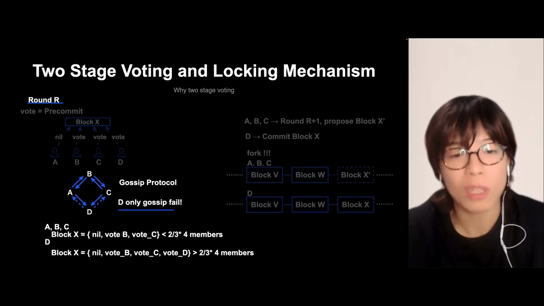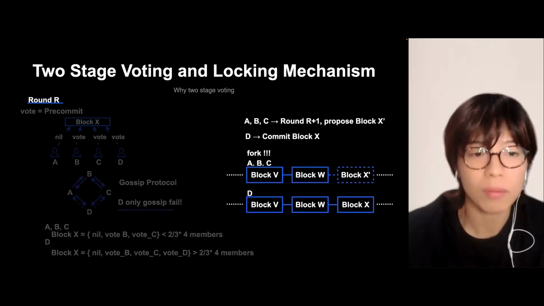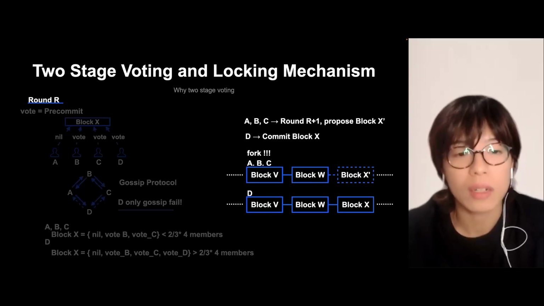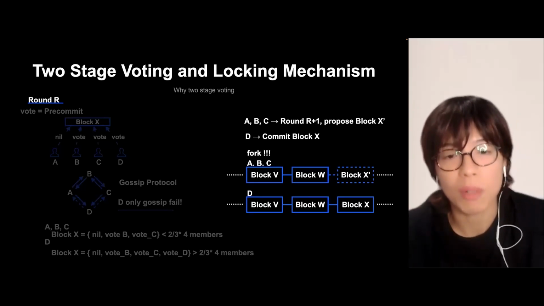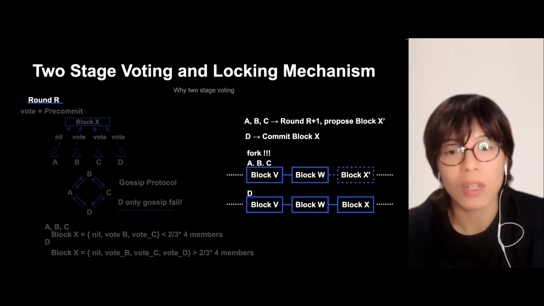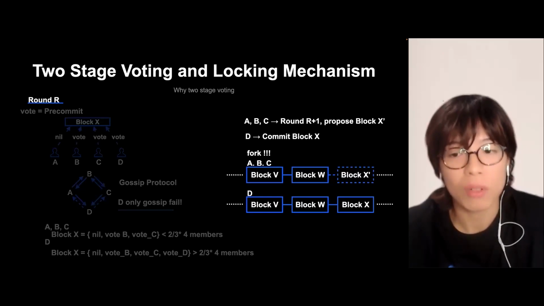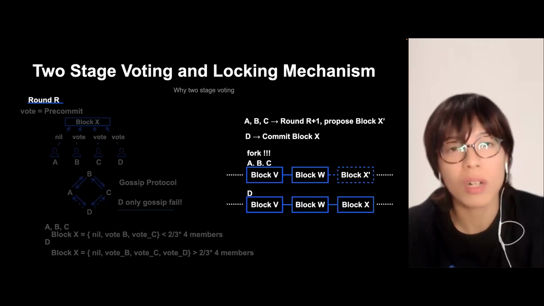As explained, A, B, C, D now have different numbers of votes. As a result, D is the only one who commits to the block. A, B, C couldn't commit to the block, so then another block X gets proposed.